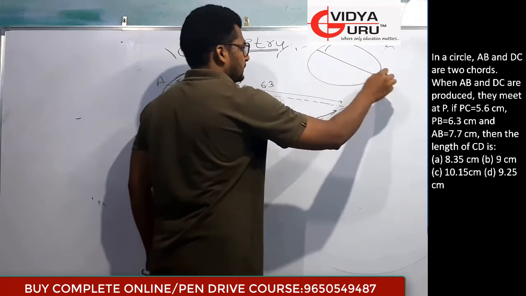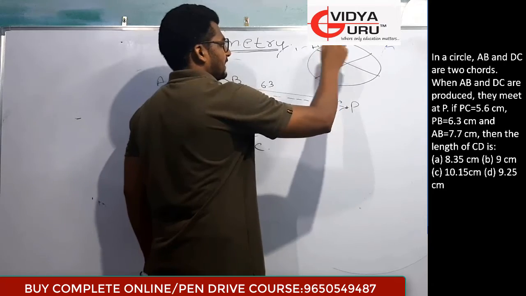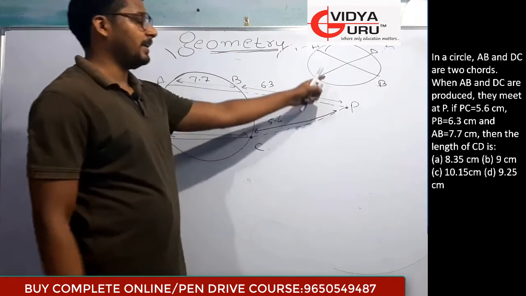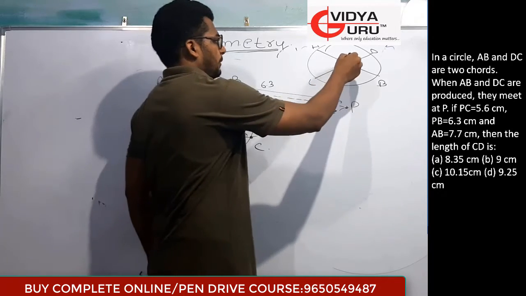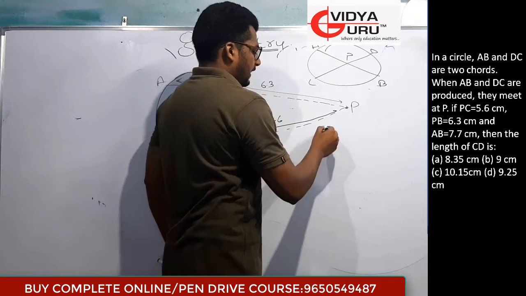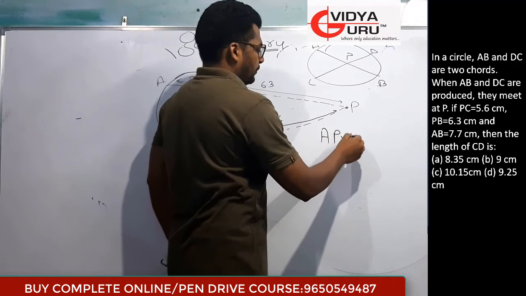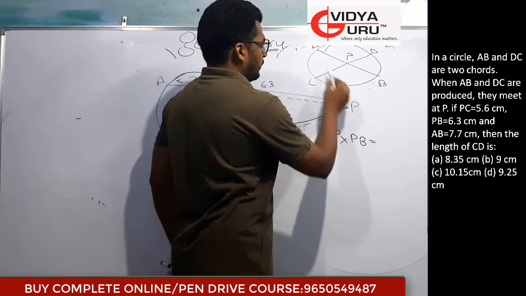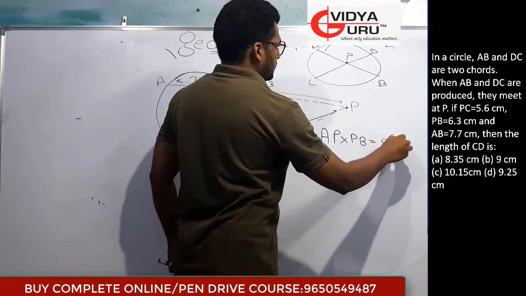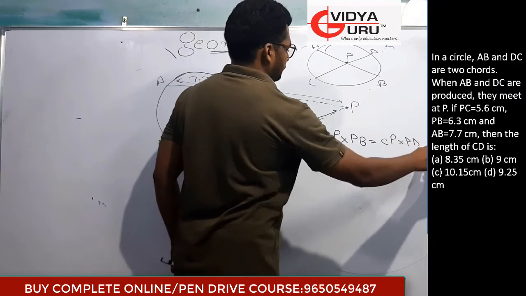If two chords bisect inside a circle, these two chords AB and CD bisecting at point P, then AP into PB will be equal to CP into PD.